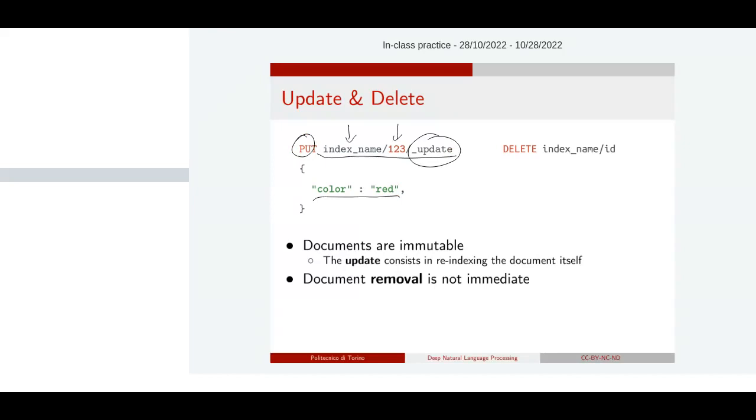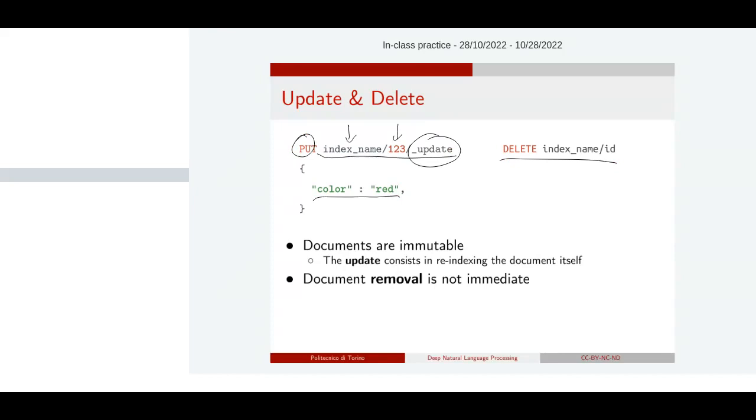If the color key exists, its value will be changed to red. Otherwise, the color key will be inserted with the value red. And if I want to delete a document, I can just use the DELETE request with the index name and the ID that identifies my document.